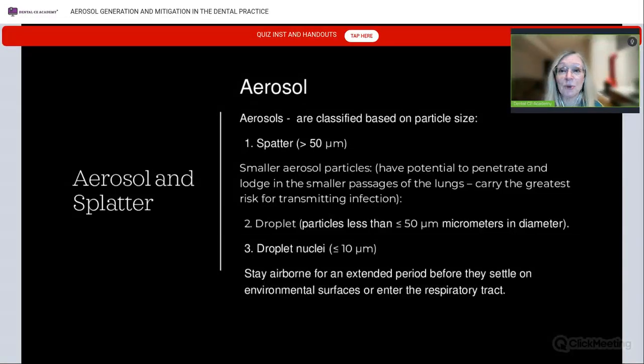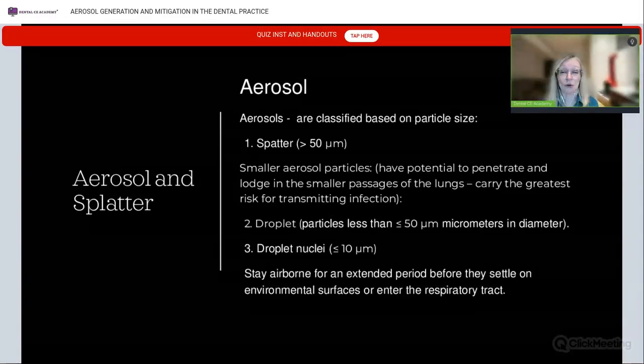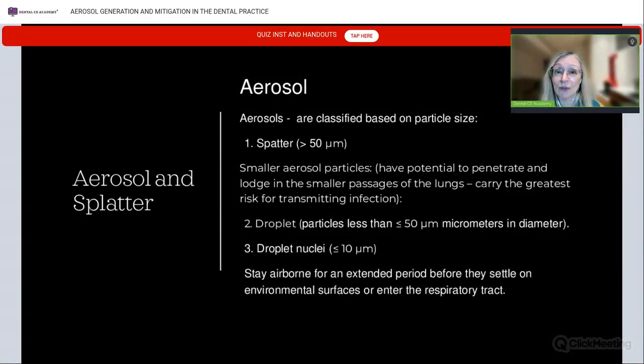It could be on a countertop. It could be in your hair. If you're someone that doesn't like to cover your beautiful hair, you're taking this home with you. Your arms, if you're someone that does not cover your arms chair side, your arms are literally littered with aerosolized particles. Could be the patient's tray, could be your flooring, again, anywhere in your operatory.